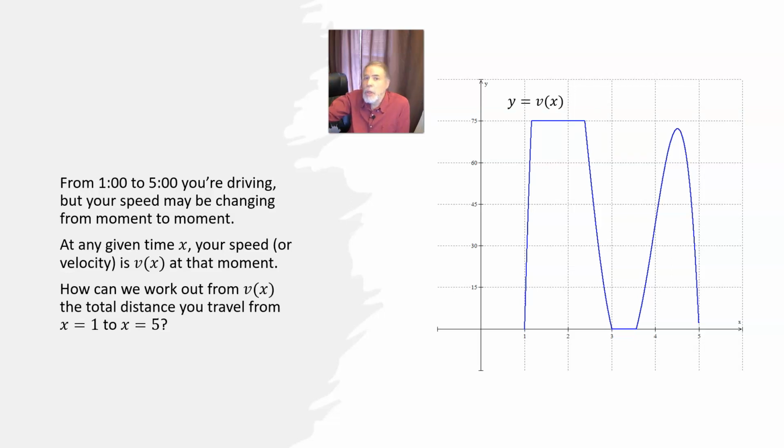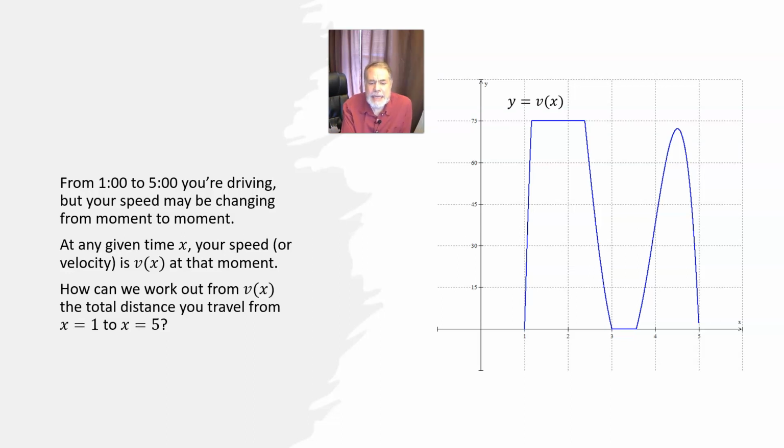At any time, you're going v of x miles per hour at that particular instant. And that can change from one moment to the next. So how can we work out from that velocity function the total distance that you travel from 1 o'clock to 5 o'clock, from when x equals 1 to when x equals 5?